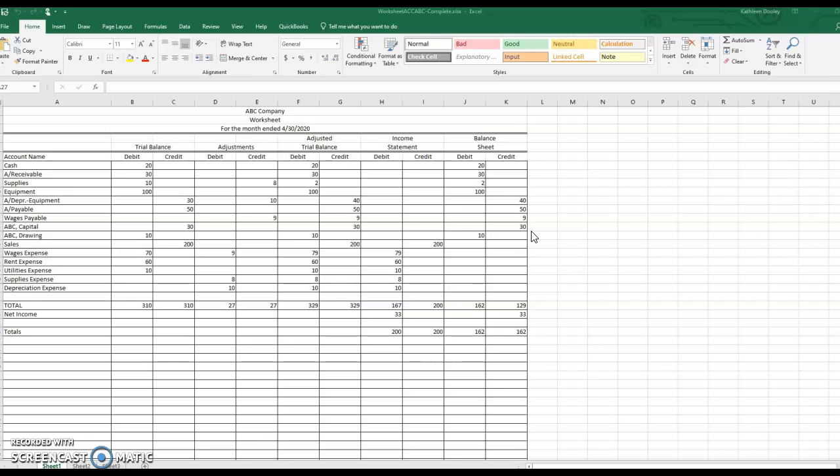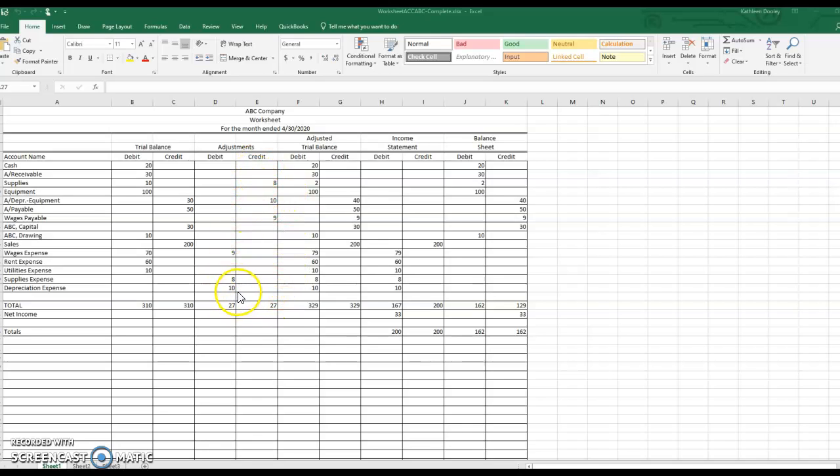Credit balance. All the rest of these accounts, cash, accounts receivable, supplies, equipment, accumulated depreciation, accounts payable, and wages payable, all of these assets, contra assets, and liabilities, we hadn't touched. We didn't make any closing entries on those. They're all exactly the same as they were, of course. You had to have previously posted the adjusting entries in the journal.